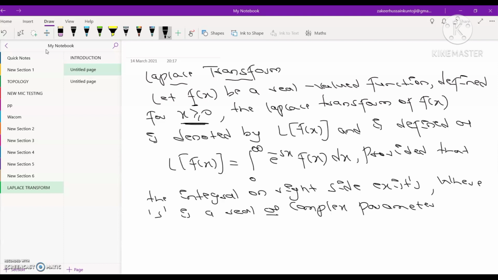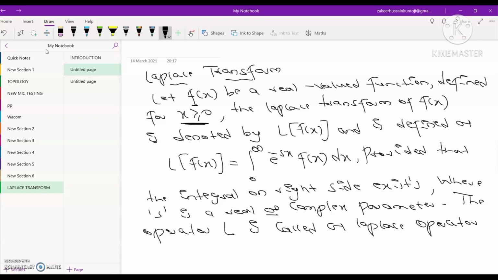It's a real or complex parameter. This thing we have to note: the operator L is called as Laplace operator.